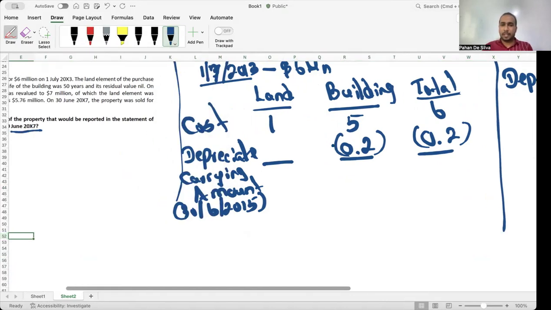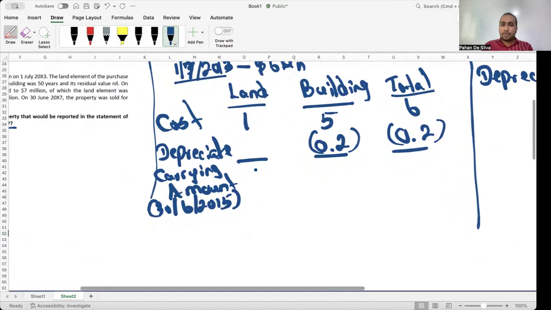What is the carrying amount? When it comes to land, cost is 1, and we know carrying amount equals cost minus accumulated depreciation minus any accumulated impairment loss. In this case, there is no impairment loss yet. Therefore, the carrying amount of the land is 1.